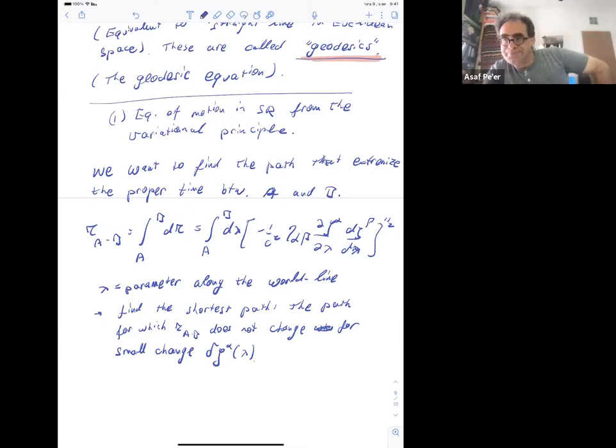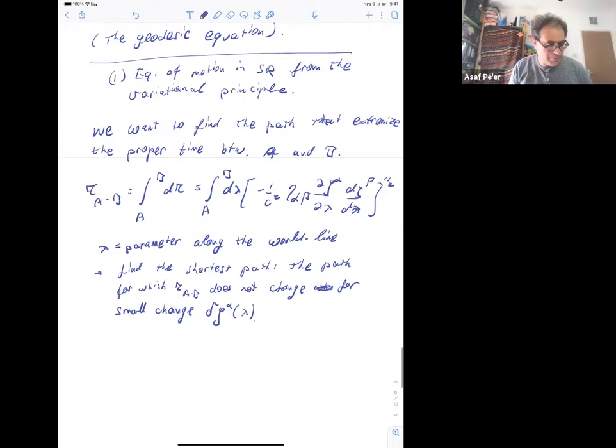Right. So this, of course, is identical to the problem you did in Newtonian mechanics, right? The integrand is just a Lagrangian, and the psi is the dynamical variable, and the lambda would play the role of time here.